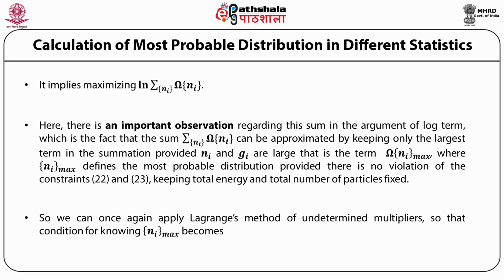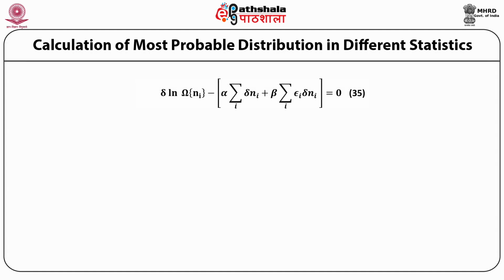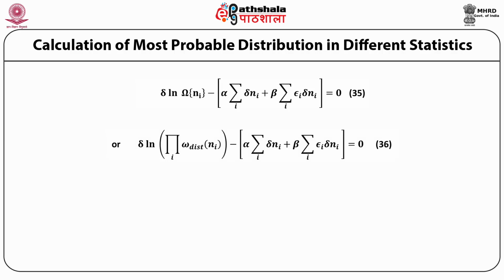So we can once again apply Lagrange's method of undetermined multipliers, so that the condition for knowing the distribution set which maximizes this becomes delta of log of omega{ni} minus alpha multiplied by summation over i delta ni plus beta summation over i epsilon i delta ni is equal to 0, or delta log of product over i omega distribution ni minus alpha times sigma i delta ni plus beta times summation over i epsilon i delta ni is equal to 0.